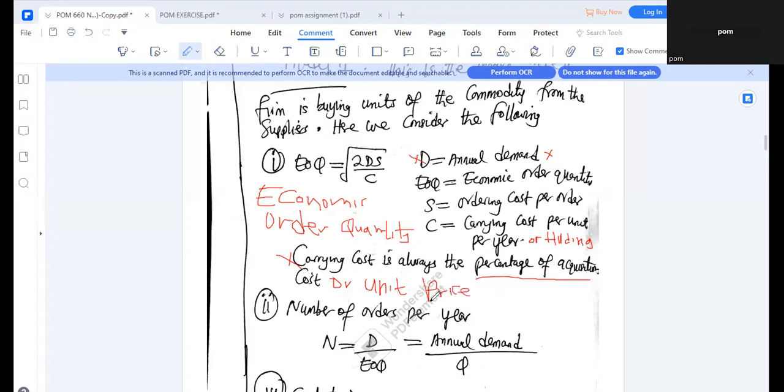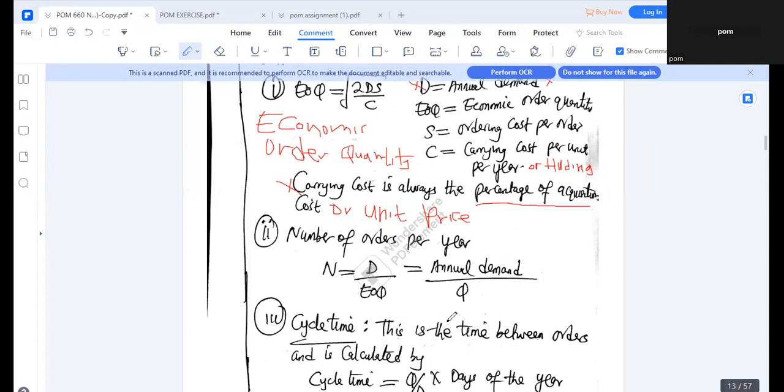Then getting down to finding the number of orders per year, it is equal to D, which is annual demand, divided by EOQ.